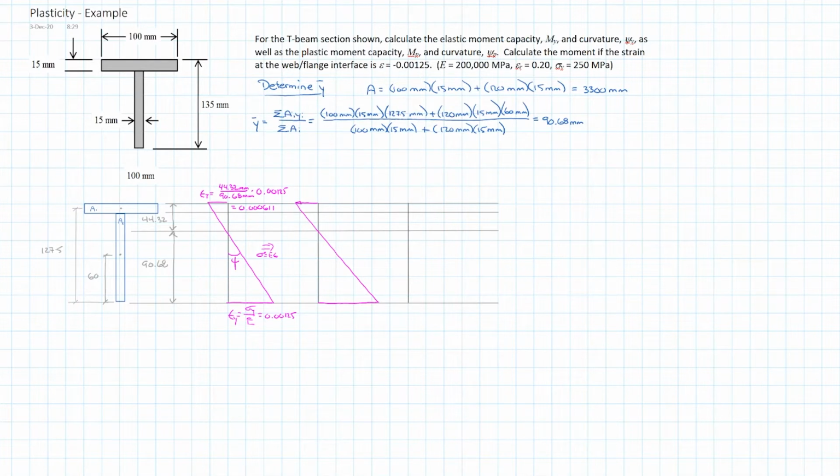So typically when we do the stress diagram, we show our stresses as a series of arrows. You can draw them in here. In this case, we're showing compression above the neutral axis and tension below the neutral axis.